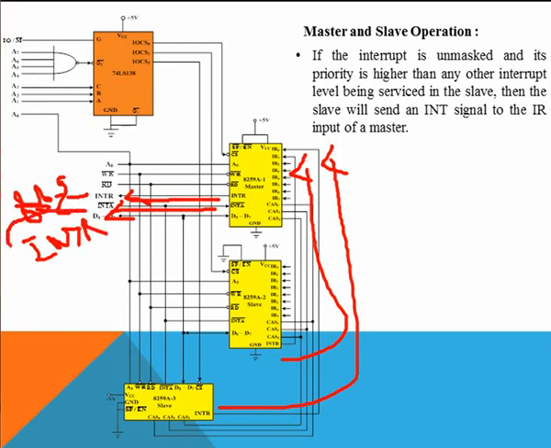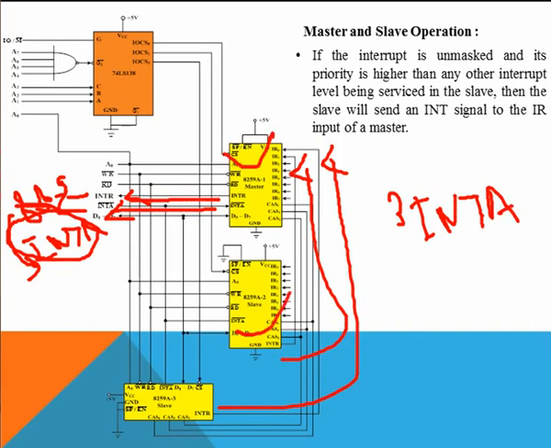If the INTR pin is enabled, the 8085 will go through this INTR pin and send three INTA interrupt acknowledgement pulses to both master and slave, with data transferred via pins D0 to D7.